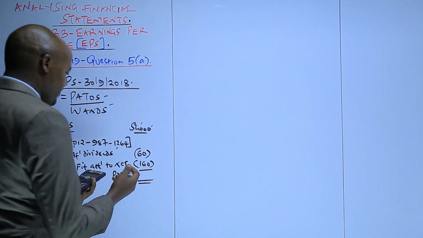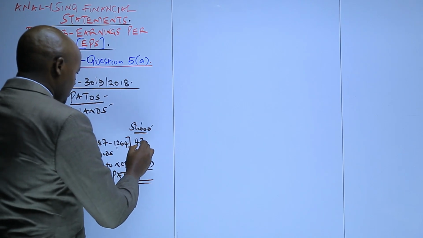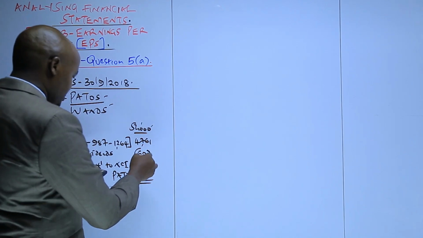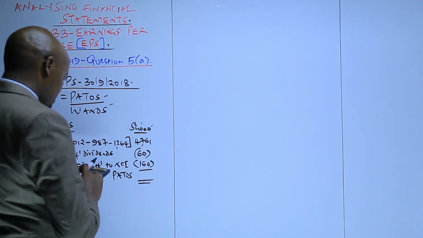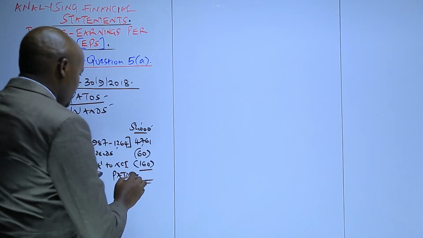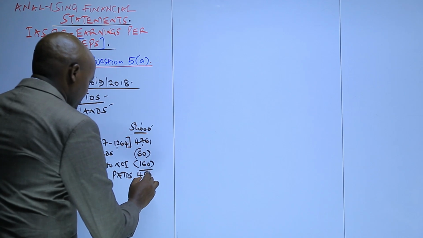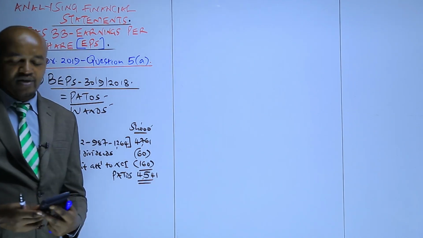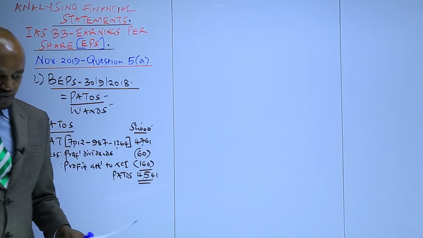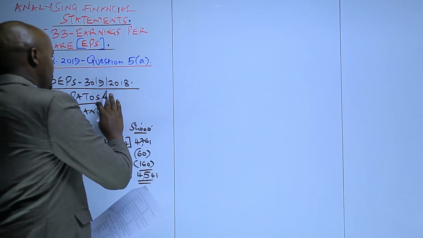So that will give us a figure of 4761, and then we less these two items. We less 60 and also we less 160. So we get 4541. This is the profits attributable to ordinary shareholders. So in our case, we already have that.